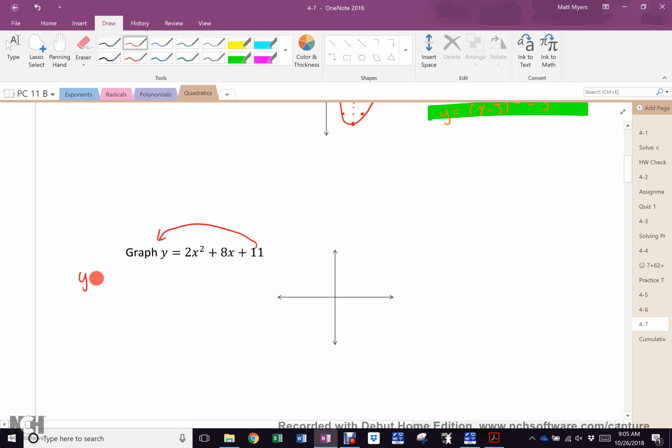Y minus 11 equals 2x squared plus 8x. Now can I do some factoring? I can, can't I? Y minus 11 equals 2 times x squared plus 4x. What would go right here?